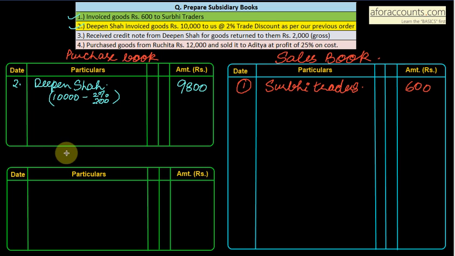I have received credit note, means it is purchase return. Okay, so purchase return book has to be opened. And in that, party's name Deepen Shah.